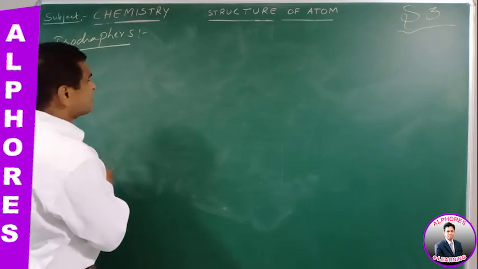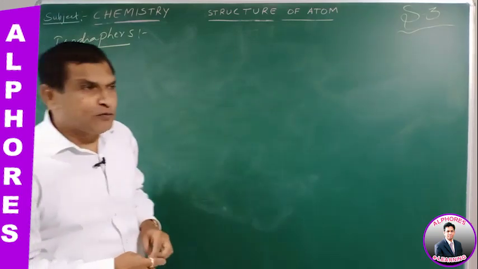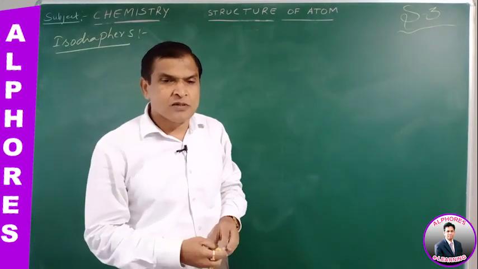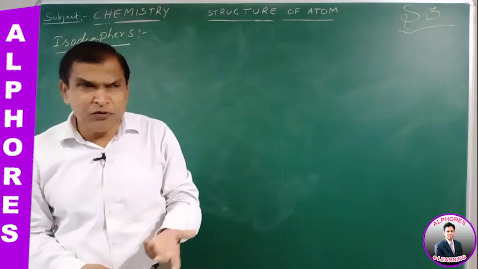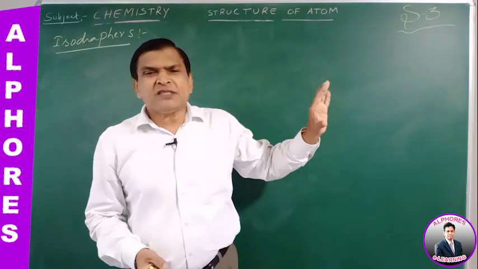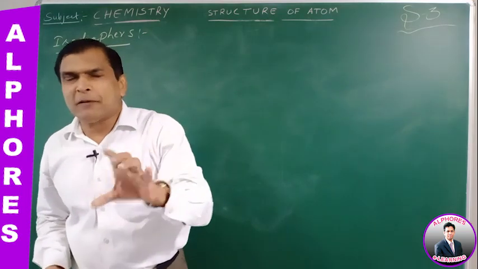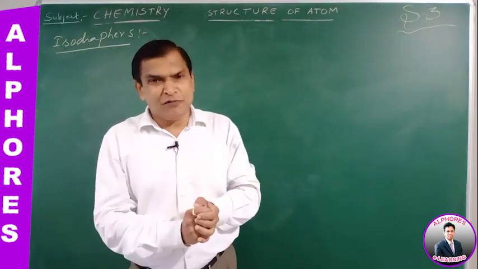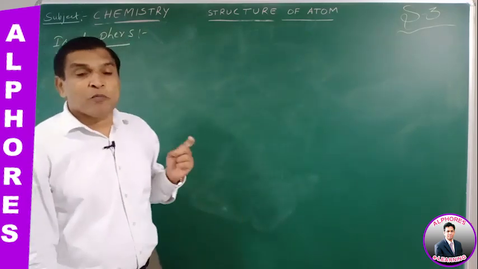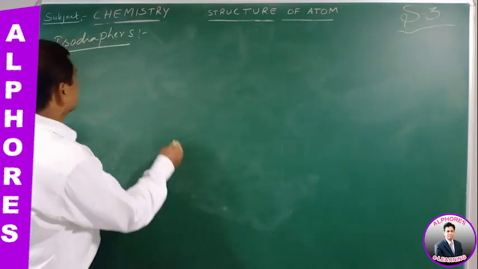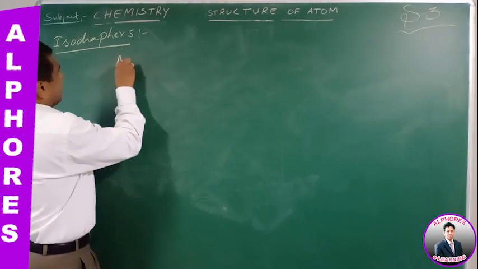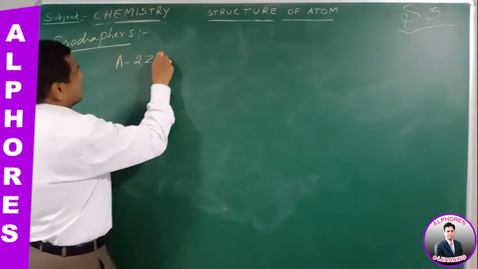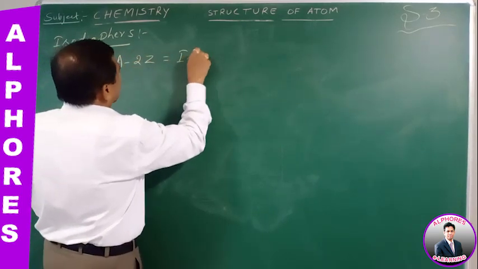What are isodiaphers? Atoms of different elements, or species, possessing the same isotopic number. What is that isotopic number? A minus 2Z is the isotopic number.